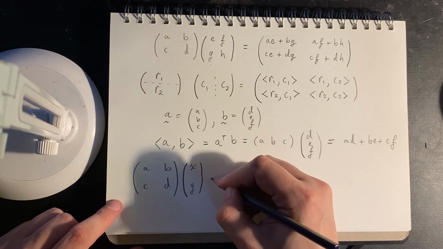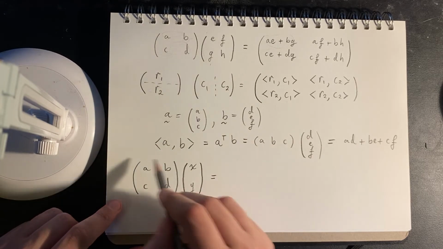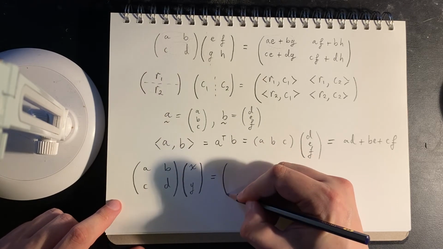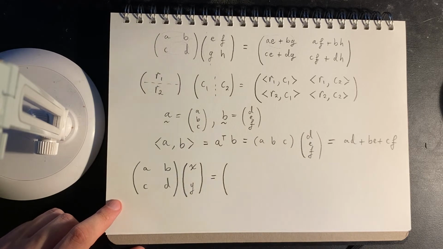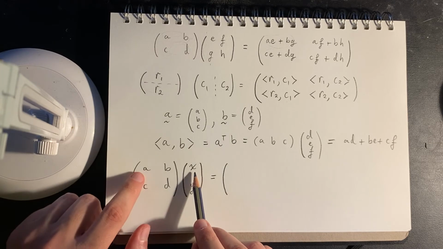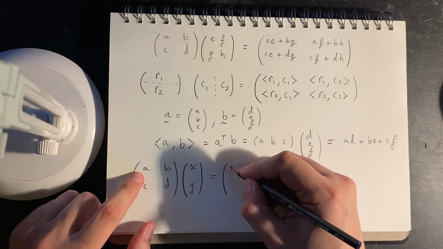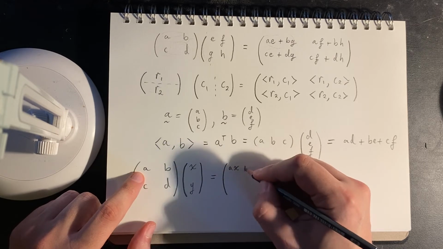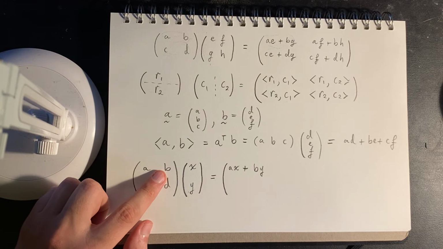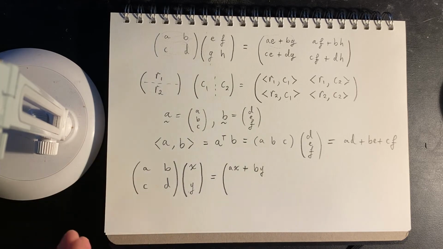So when a point is hit with a transformation, it produces what's called an image, which is really the result of that input after transforming it. So the most completely general transformation would be to take something times the old x coordinate plus something times the old y coordinate and set that as the new x coordinate.